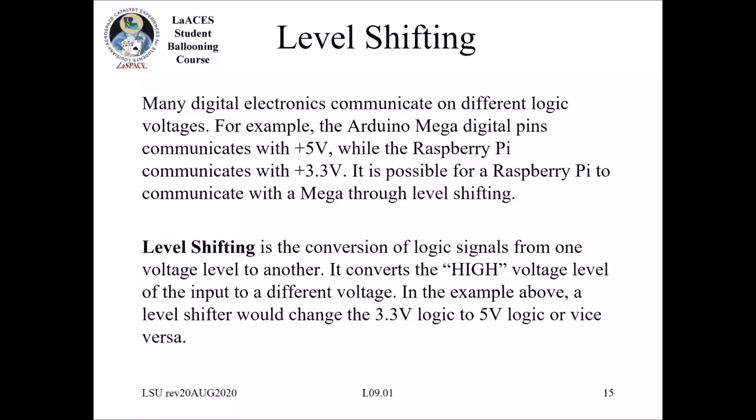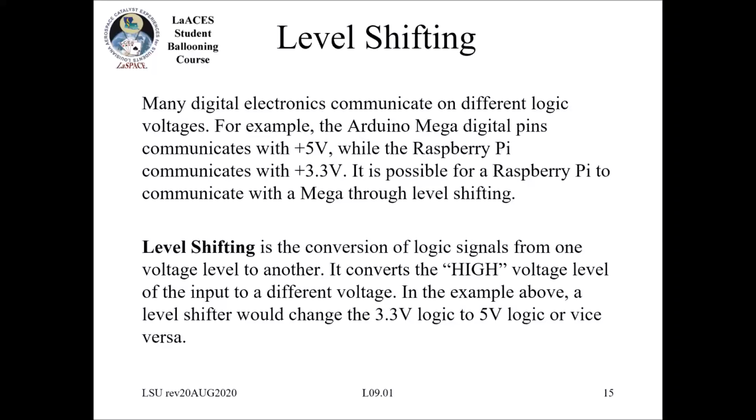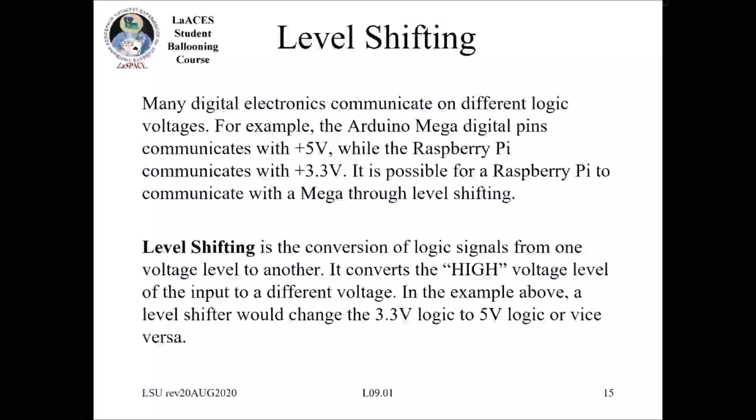Take, for example, your Arduino Mega. It runs off of 5 volts logic. So if you try to put a 3.3 volt digital device into your Arduino, you're not really utilizing the full range of your ADC or your digital pins, and that mismatch means that you won't be able to effectively communicate between your devices.